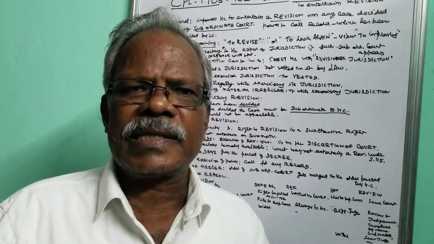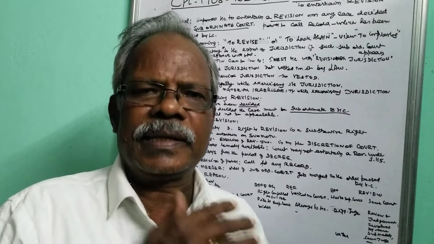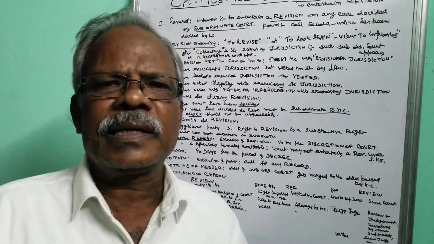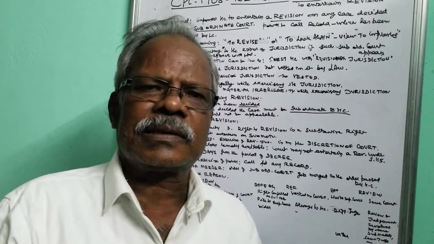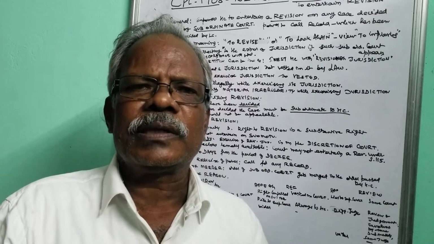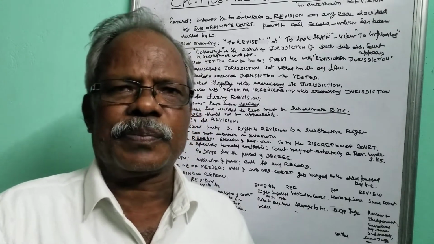Only in such cases the revision can be taken up in High Court, and appeal may lie in other subordinate courts to the High Court also, but usually in a High Court the revision petition can be taken up.